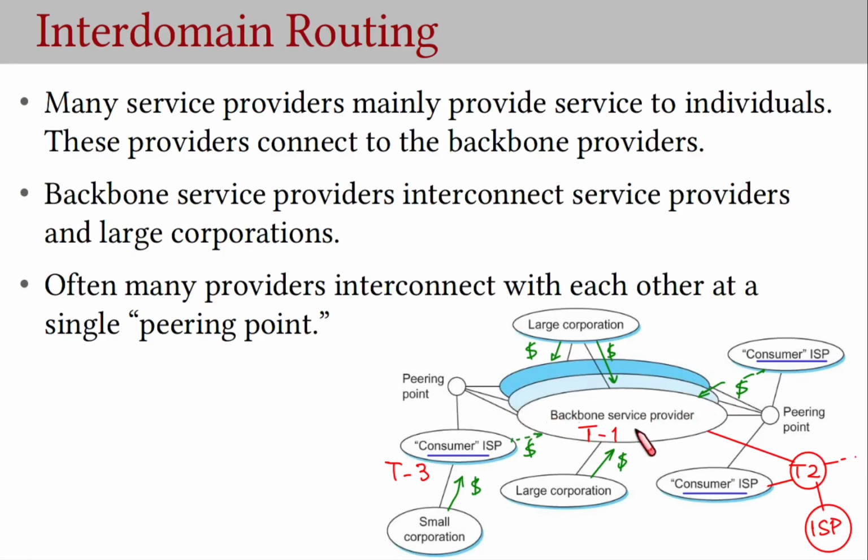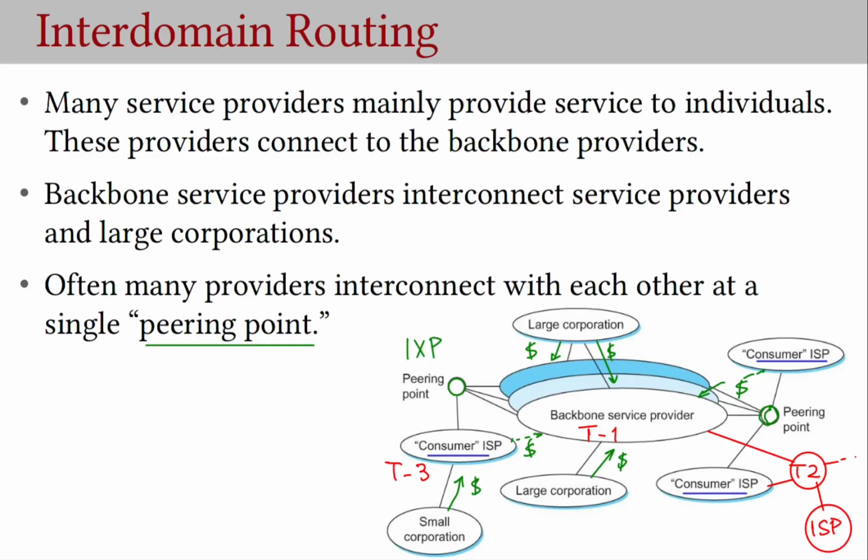And these are typically large networks, countrywide networks, and they connect with other tier 1 service providers at what is called a peering point, and there is no money exchange between these tier 1 service providers. So basically traffic flows from any one tier 1 service provider to any other tier 1 service provider for free, and these are also called internet exchange points, or IXPs for short.